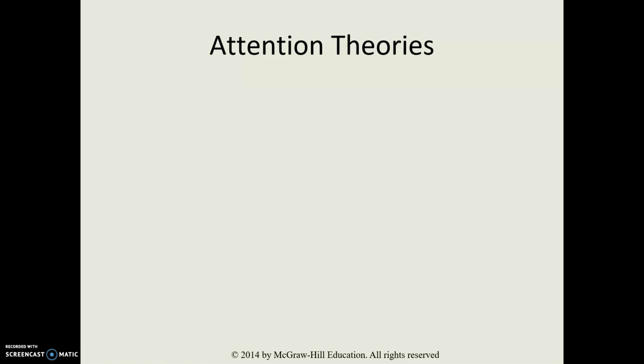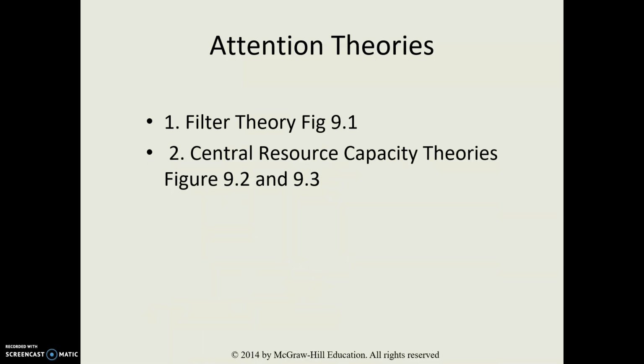Welcome back, and we're going to finish up chapter 9 as we look at the area of attention. Just as a review, last time we met, we went over the 3 attention theories. Review these so that you're able to make clear distinctions between them: the bottleneck or filter theory, the central resource capacity theories, and there's a specific one given, Kahneman's theory.